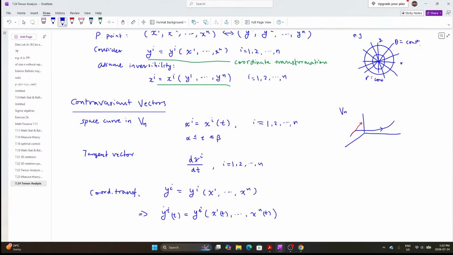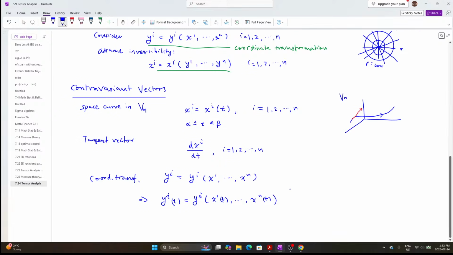So what is that? Well, this y of t is just the same curve, but expressed in a new coordinate. So this is nothing but the equation of the curve in a new coordinate system, in the y coordinate system.